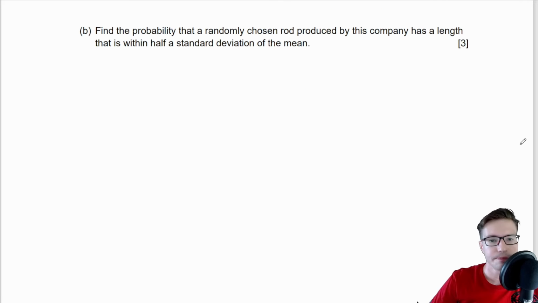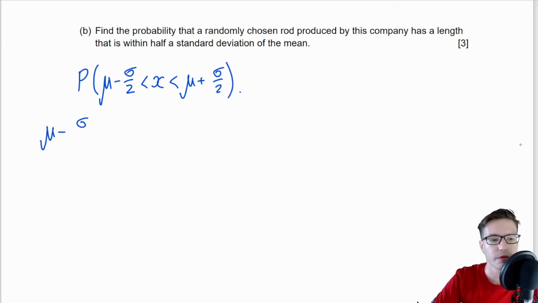Okay, and question B, find the probability that our variable is within a half standard deviation of the mean. So it could be either within mu minus sigma over 2 or mu plus sigma over 2.